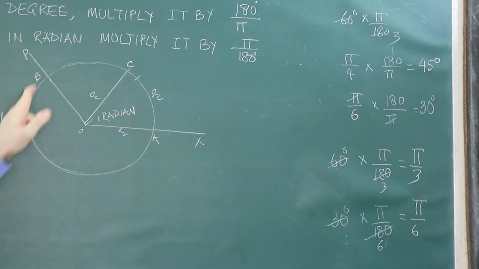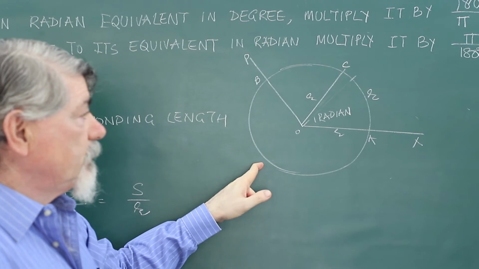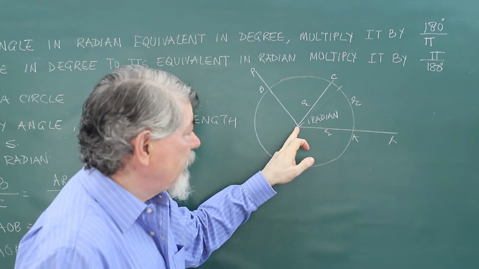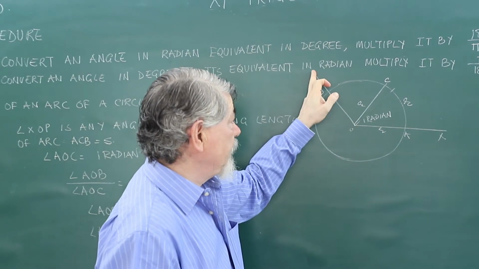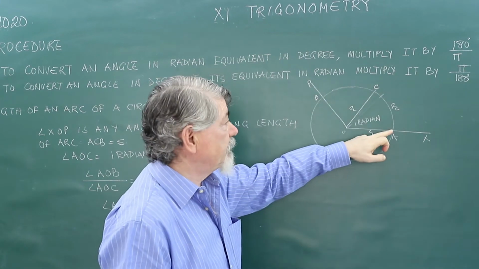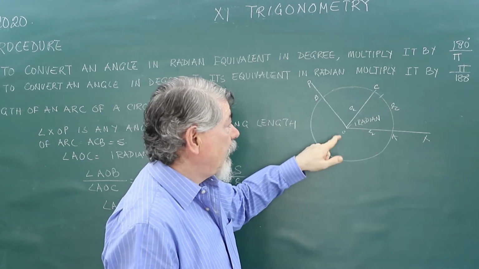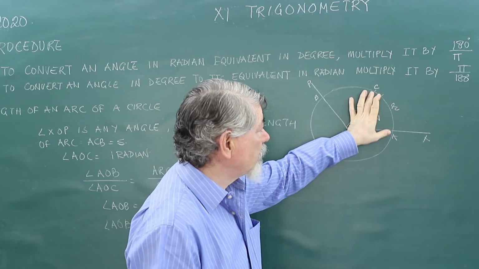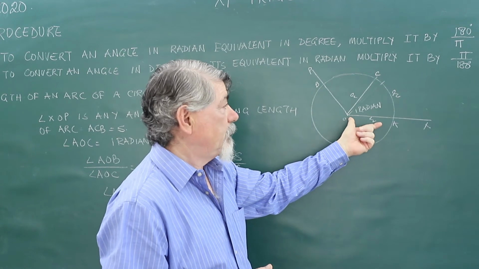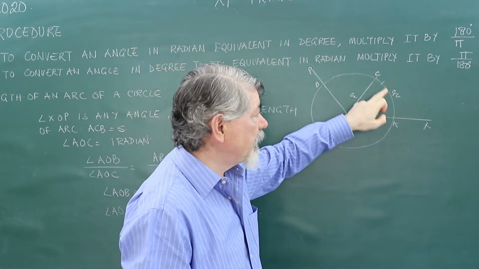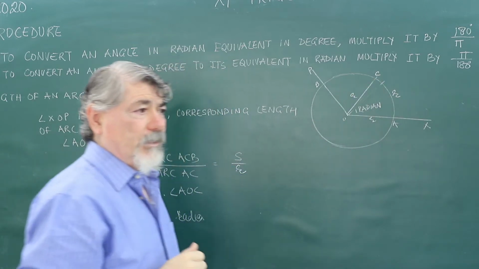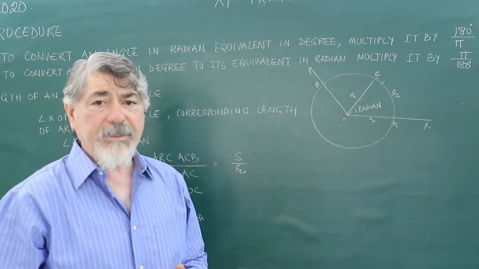For example, we have drawn a circle. I have drawn lines OA and OB making an arc ACB. There is an arc of length R where the radius of the circle is R. Radius of the circle is R, length of the arc is R. So obviously the angle subtended by this arc at the center will be 1 radian.